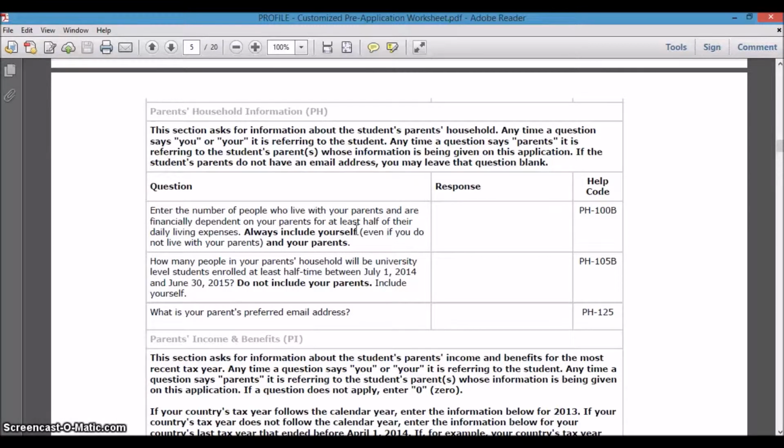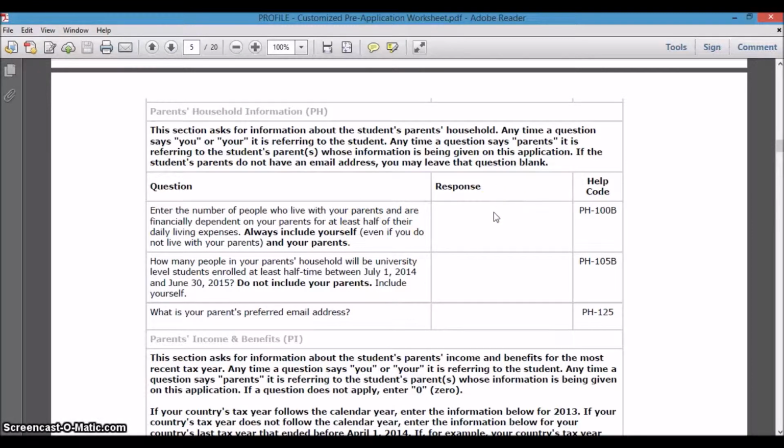That means you're entering a number, so you're not writing down a sentence or words, you're always entering a number. So say you're the only child in a house with 2 parents, then you would enter 1 as an answer here.